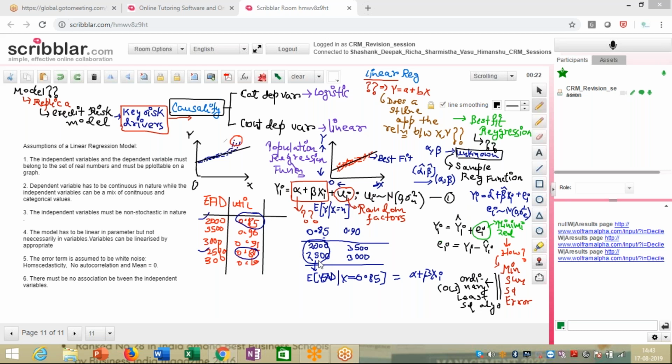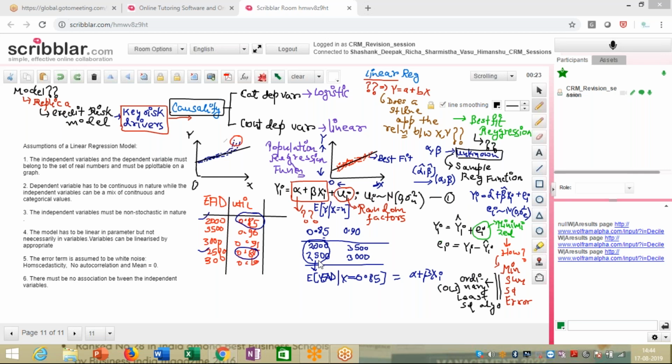So I'm saying that given x is 0.85, what is the expected value of y? So y is now the variable which has a distribution. X does not have a distribution, right? I am not keeping any element of sampling associated with 0.85.